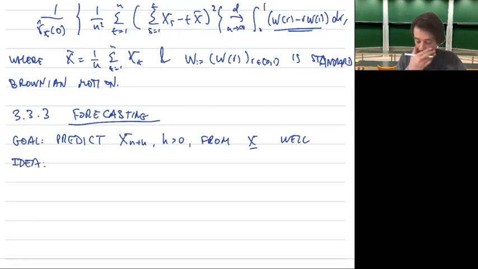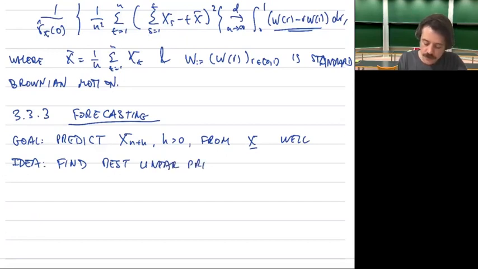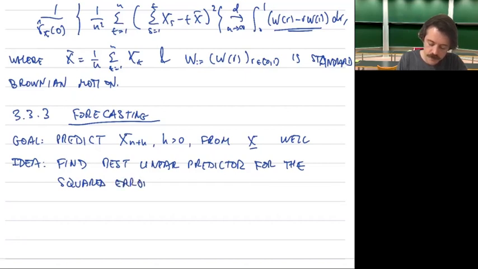The idea is to stay within the framework that we've seen in the past, which is to find the best linear predictor under the squared error. Okay, so this is just very standard for us.